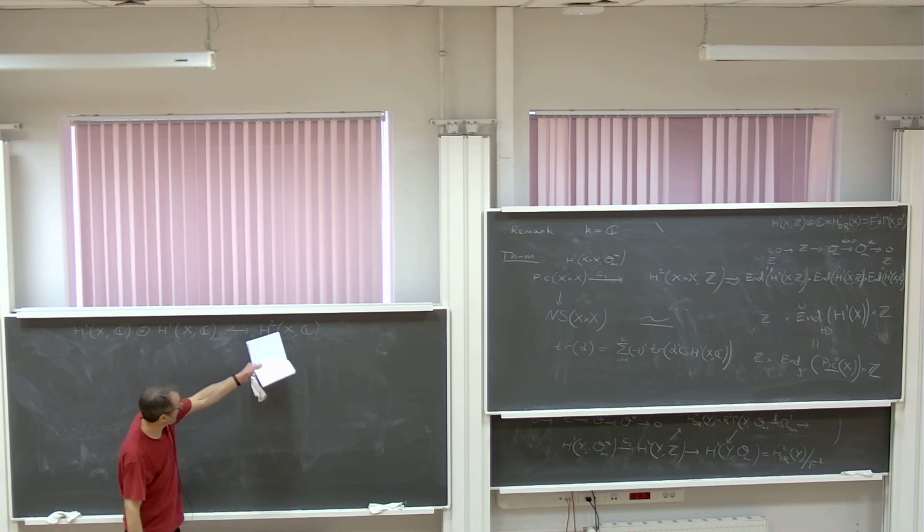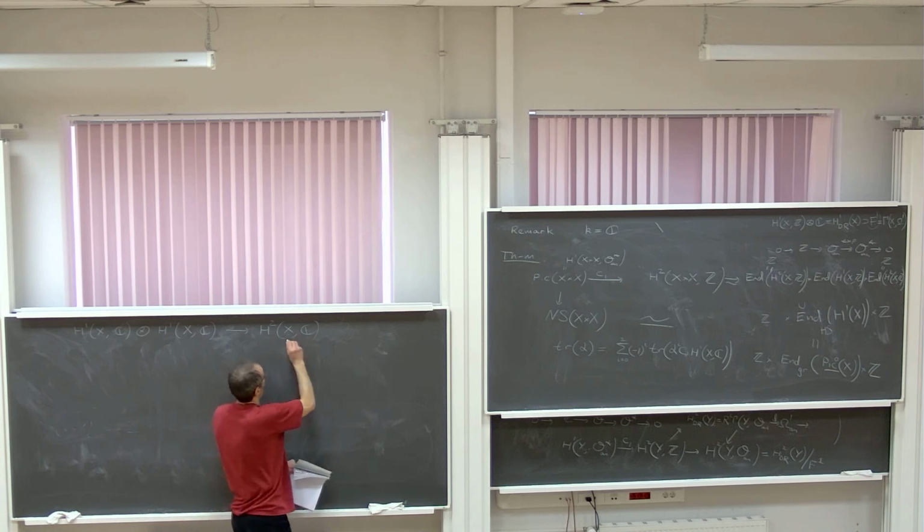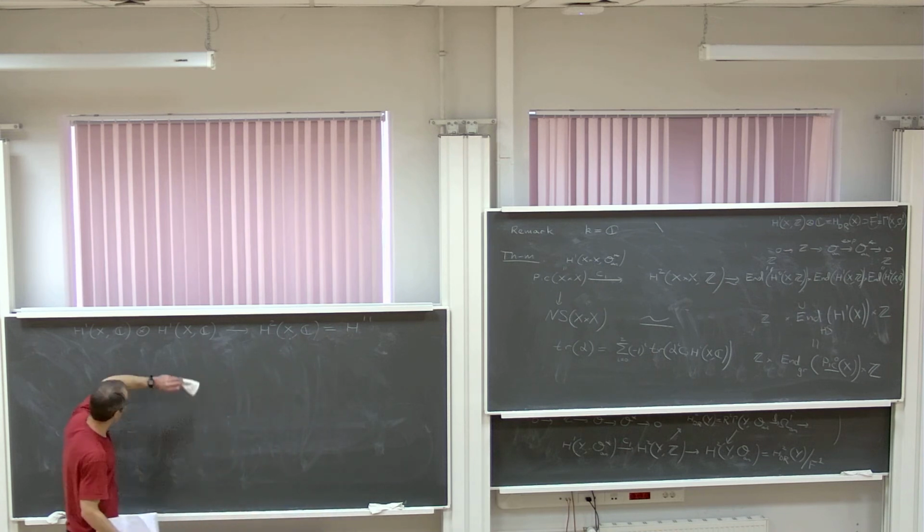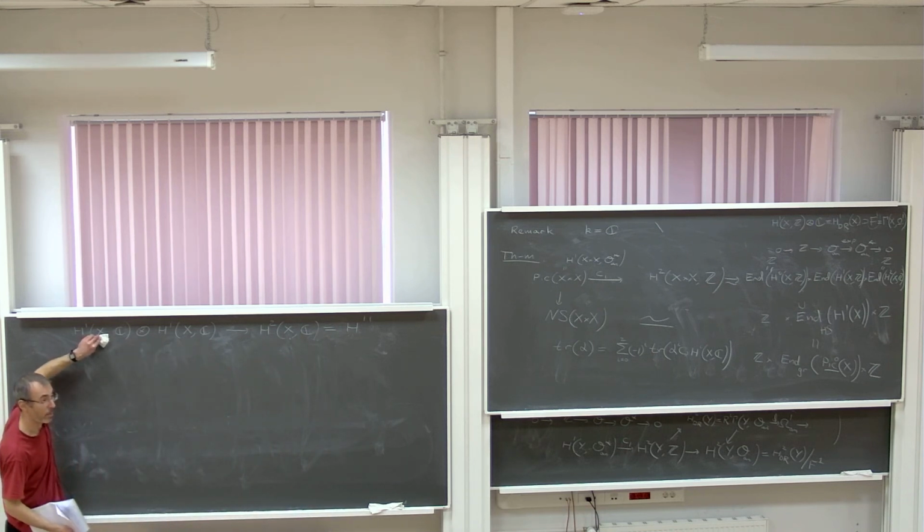And this is C, which also has a Hodge structure, but this must be trivial, it's just H11. So the assertion is that this map is compatible with the Hodge decomposition.